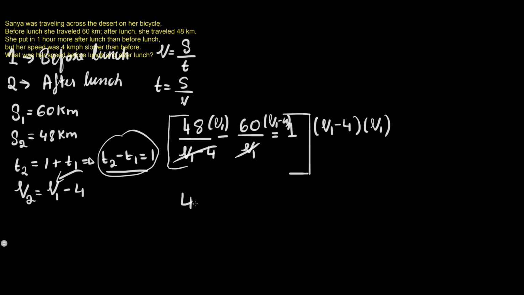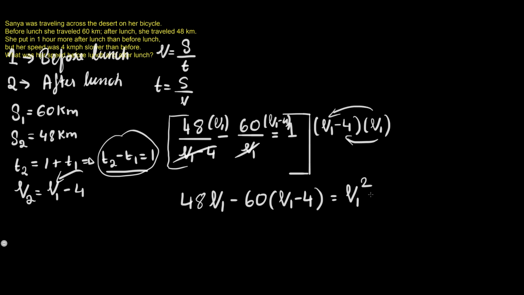So what will I get? 48 V1 minus 60 times V1 minus 4 is equal to 1 times this, so V1 squared, distributive property, and minus 4V1.